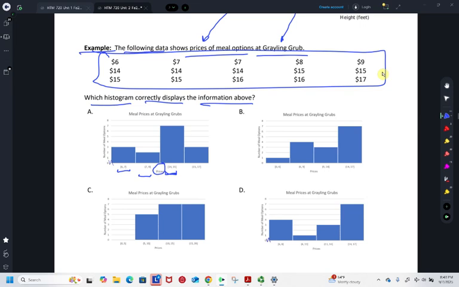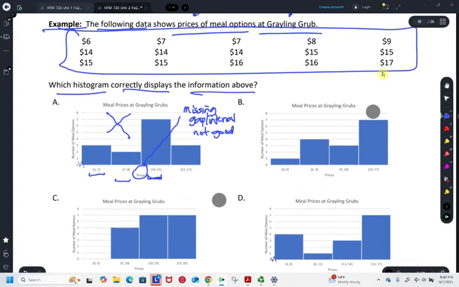Something is not accounted for, which is from 10 to less than 14. In this case, we have a missing gap or interval of data values. So this is not a good representation.